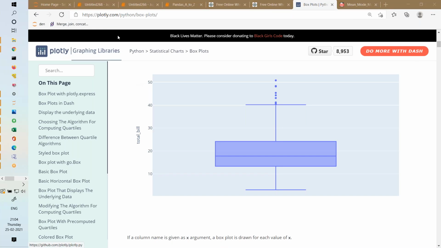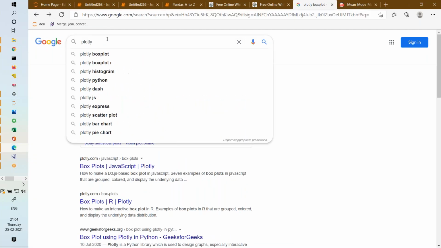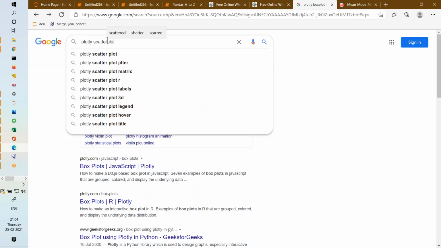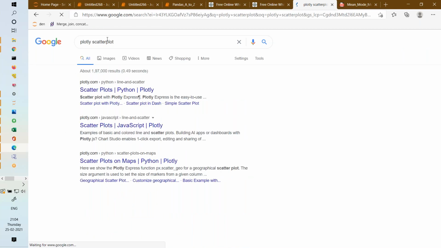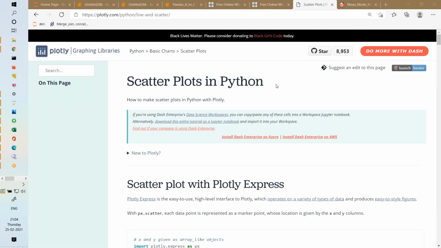We will see it in a very detailed way. Let me search about scatter plot. We will understand about scatter plot in detail, but I just want to show you some example so that you can understand what I'm saying.